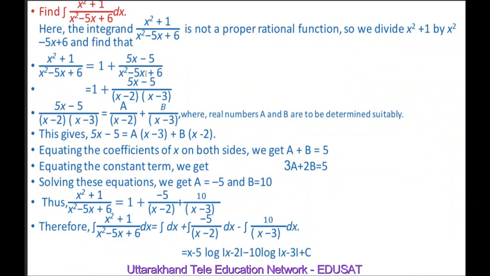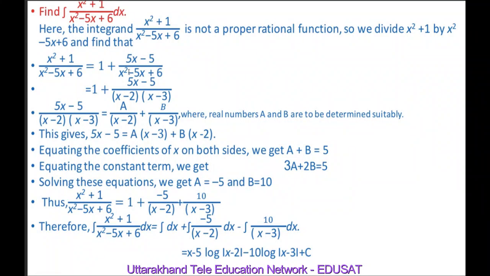Now this is a quadratic polynomial. We will try to break it into linear factors. We can easily factorize it, because 6 is nothing but 2 into 3 and 5 is nothing but 2 plus 3, and outside we have a minus sign. So we can factorize it into x minus 2 into x minus 3.